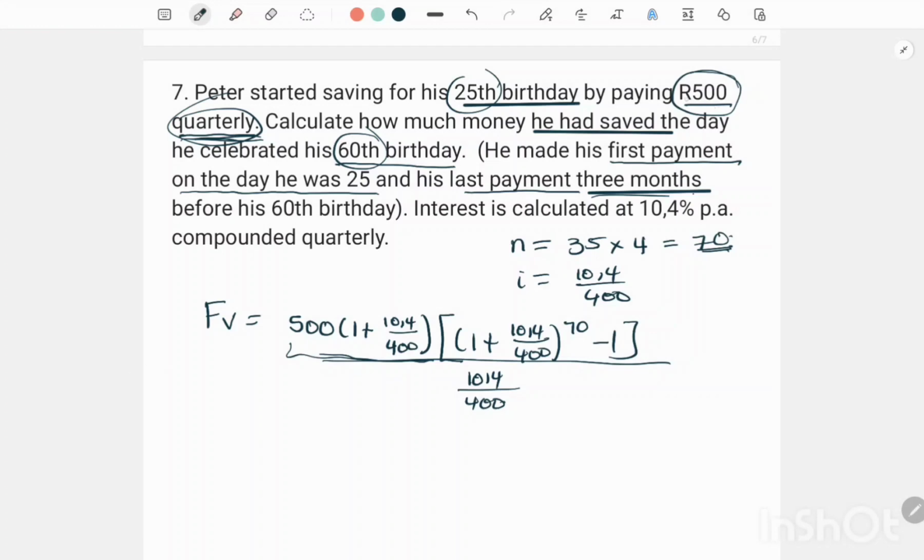So be careful guys, because this person is paying 500 quarterly, and it's more like compound interest. So it means your x is not just 500. You have to compound it, and then you just punch in your calculator to get the answer.